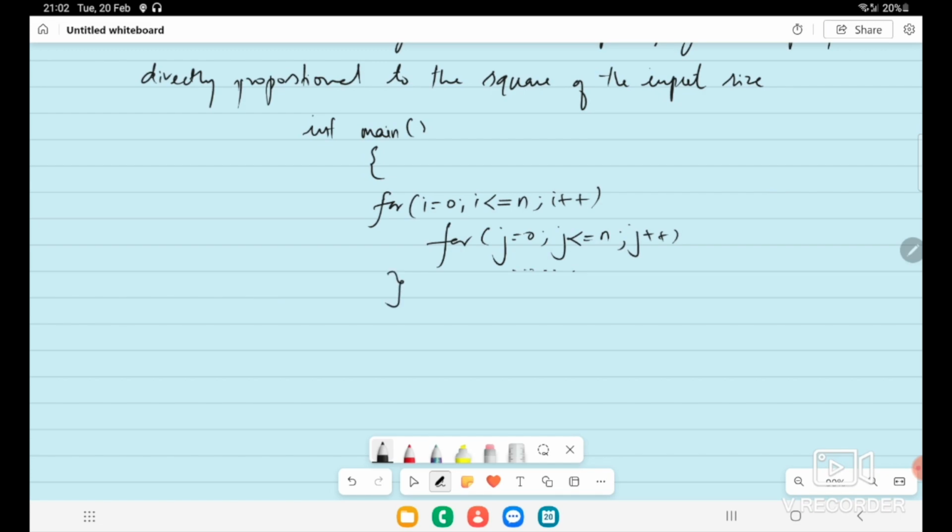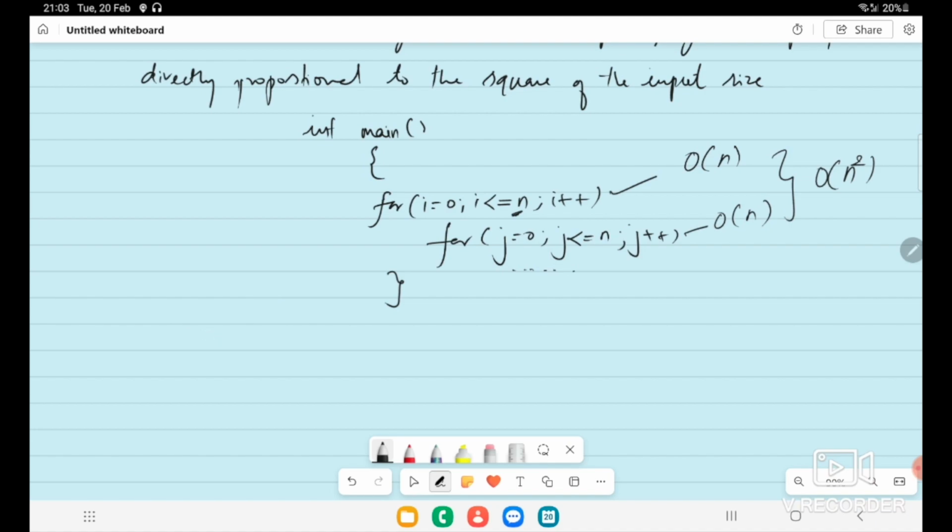We already know the for loop has complexity of order of n, and this one again is order of n. That means the inner for loop will always run n times. If you combine both, we have the complexity of n square.